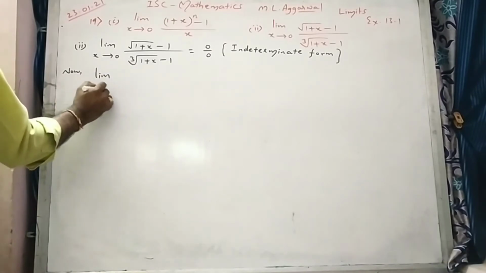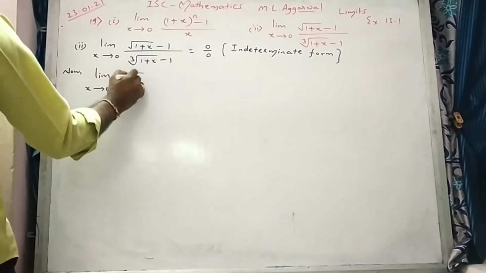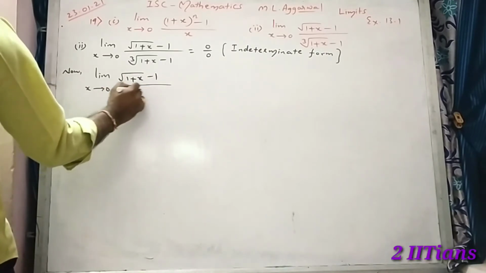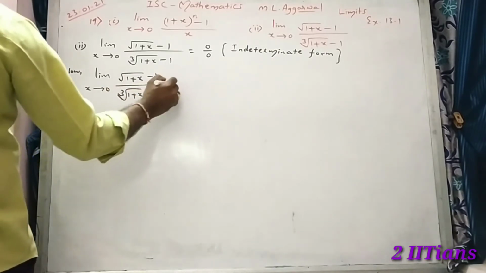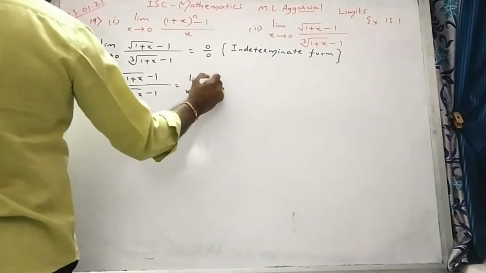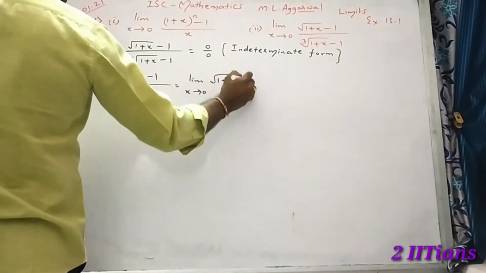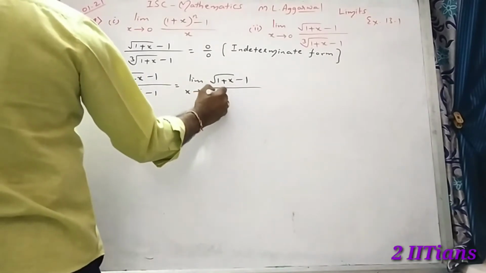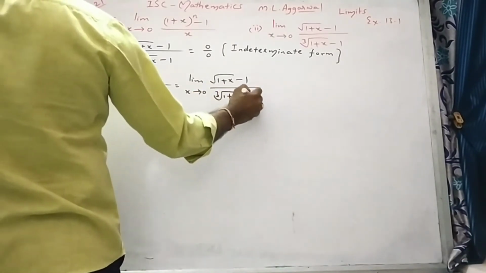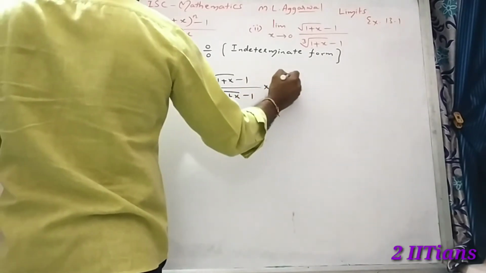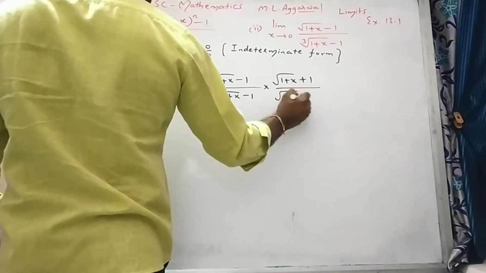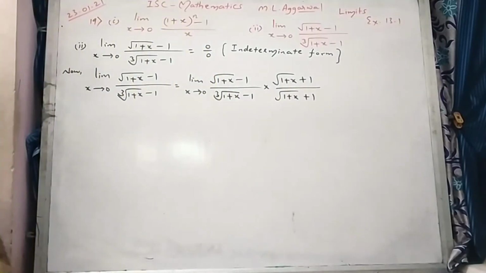Okay. Now I will take the given limit. Limit x tends to 0, square root of 1 plus x minus 1 upon cube root of 1 plus x minus 1 equal to limit x tends to 0, square root of 1 plus x minus 1 upon cube root of 1 plus x minus 1 into (root 1 plus x plus 1) by (root 1 plus x plus 1). Do you remember this step?